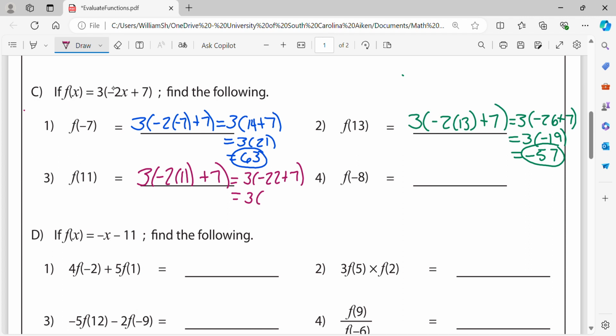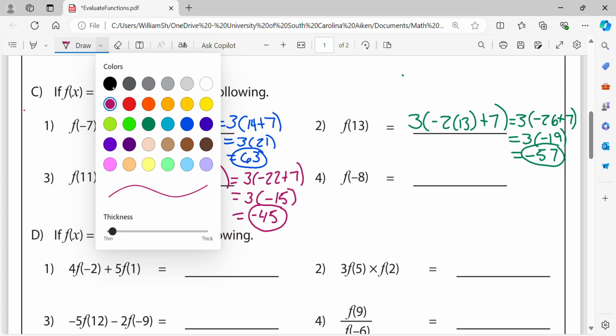Negative 22 plus 7 is going to give us negative 15. And 3 times negative 15 is negative 45. Very nice.